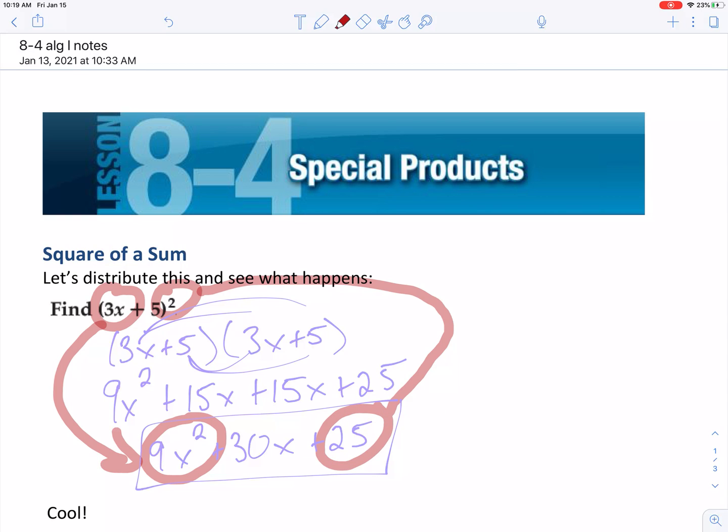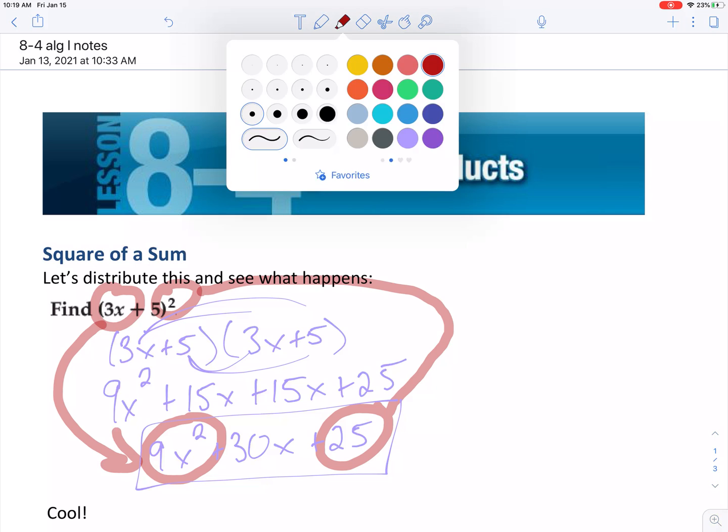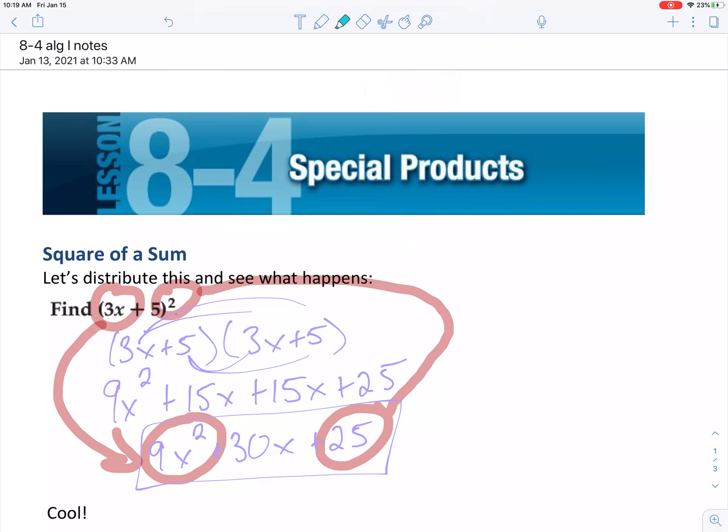So pretty handy little tips there. But what about the middle? Well, what they figured out was, check this out, 3x times 5 is 15x. If you multiply that by 2, it gives you the 30x.